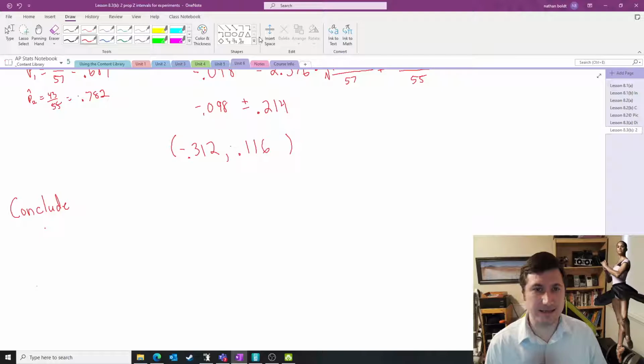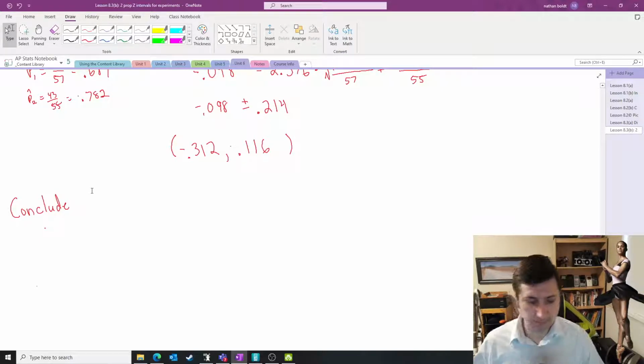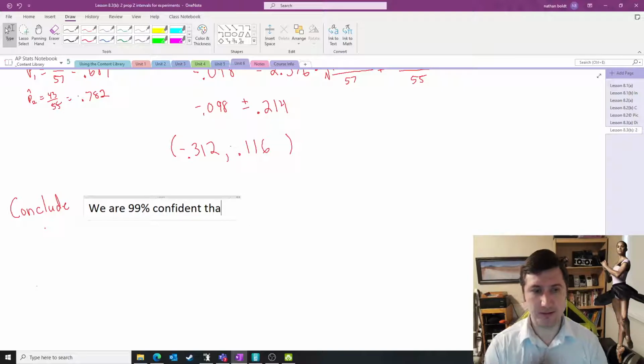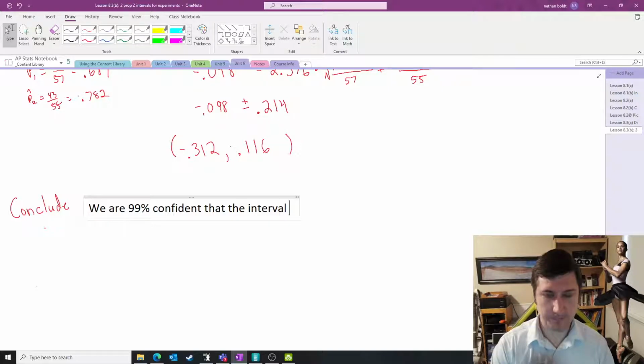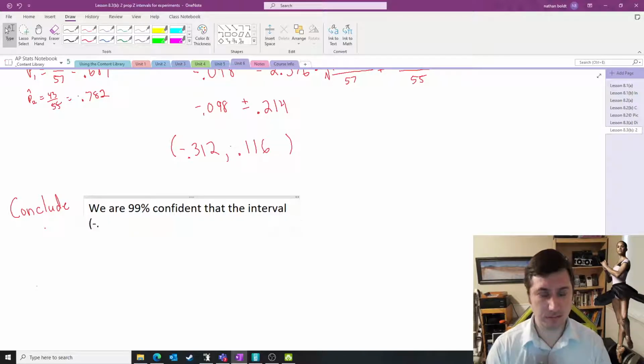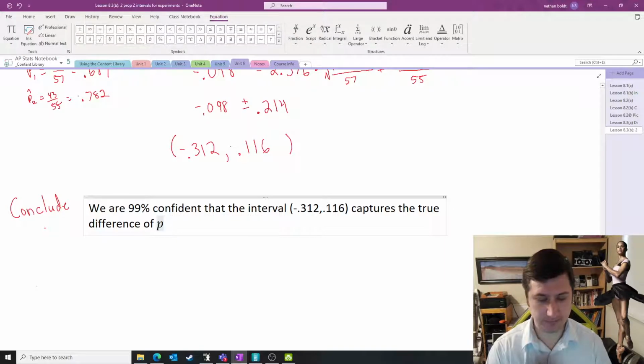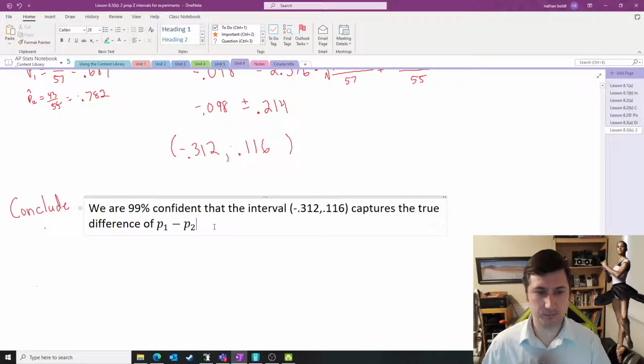So what does this answer mean? So we are 99% confident that the interval negative 0.312 to 0.116 captures the true difference of P1 minus P2, which is the difference, and now I'm just going to essentially copy and paste the context, right?